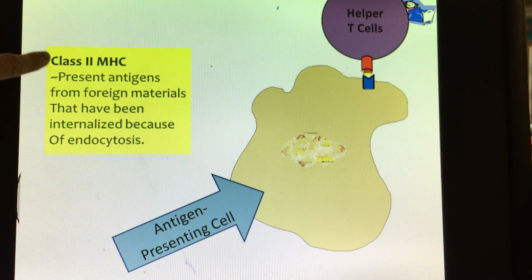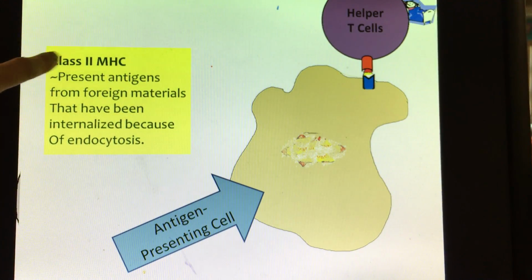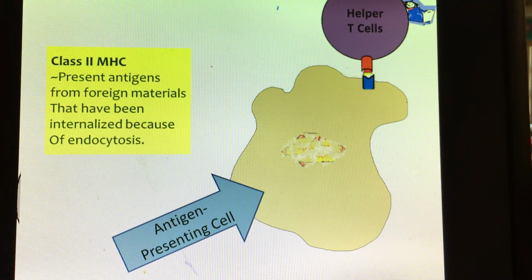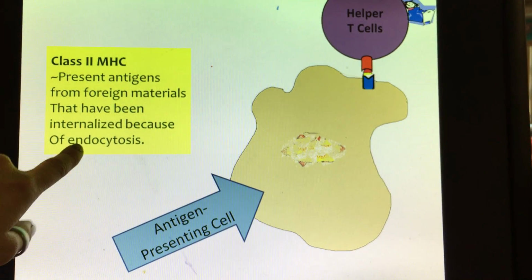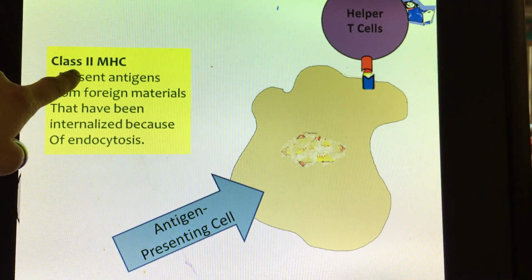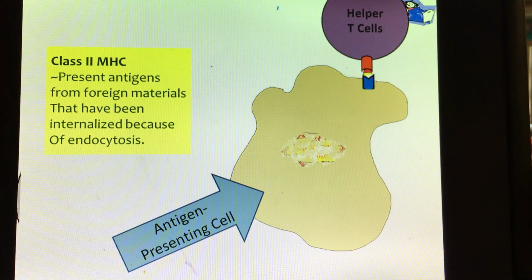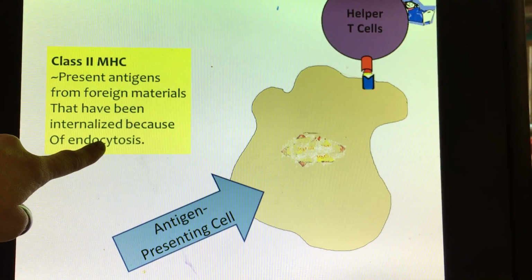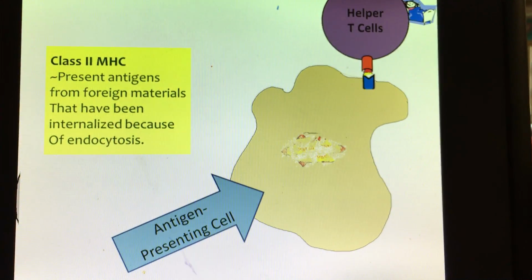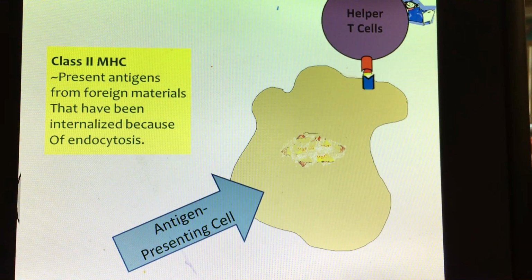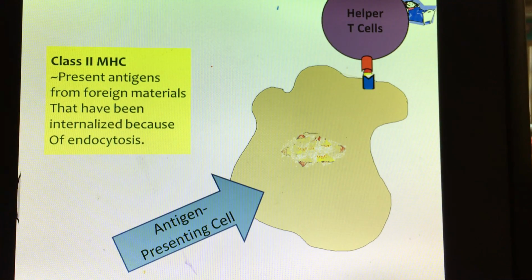But I should mention class 2 MHC molecules present antigens from foreign materials that have been internalized because of endocytosis. So class 1 presented antigens that were made inside of the cell, whereas these are presenting antigens that were brought in by endocytosis. This antigen presenting cell is going to present the antigen on its surface, activating helper T cells.